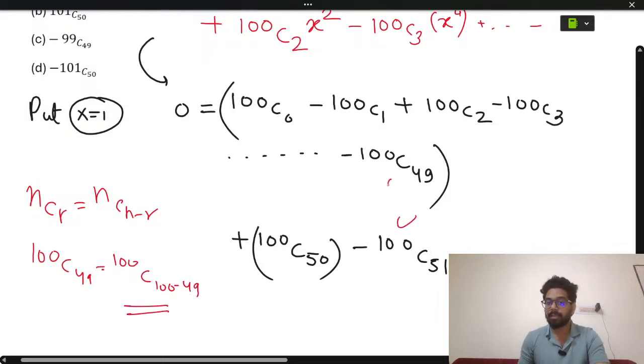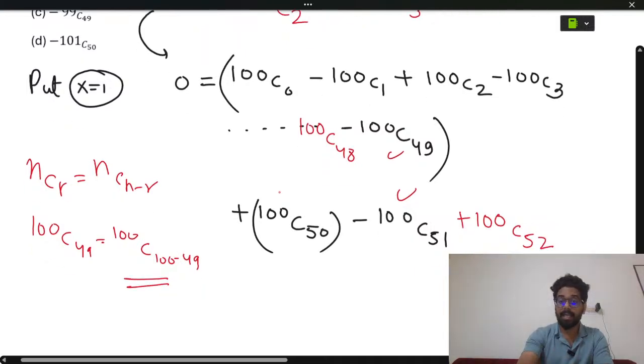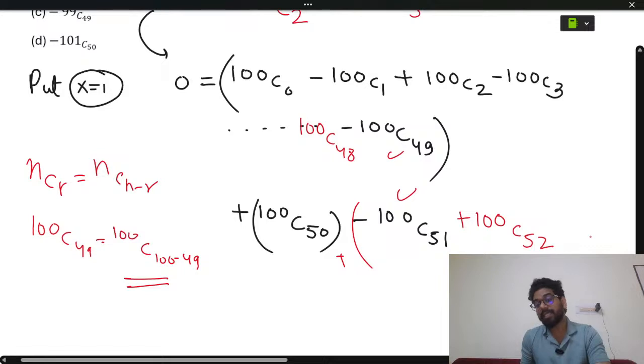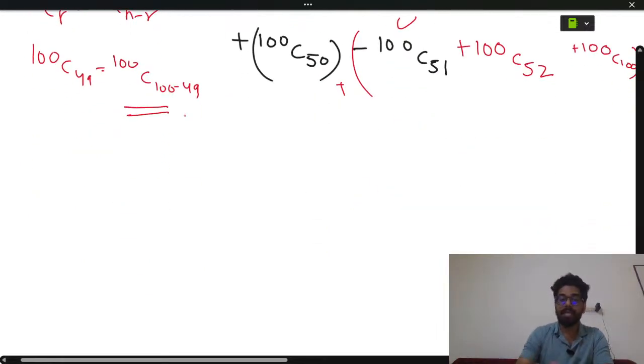This term and this term are the same. The next term is 100C52, plus because it is even, which is equal to 100C48. Now it is interesting that every term from here till the end, 100C100, which is equal to 100C0, is repeated twice, except the middle term.